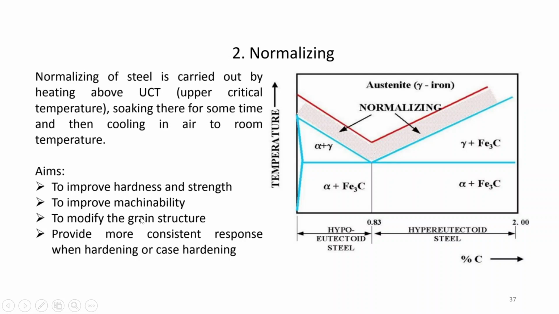The grain structure here will be fine equiaxed grains. Machinability will also be high here because you have fine pearlite. It provides a more consistent response when hardening and case hardening. When you have fine pearlite and you are again heating it to the hardening temperature, it will show uniform properties throughout.